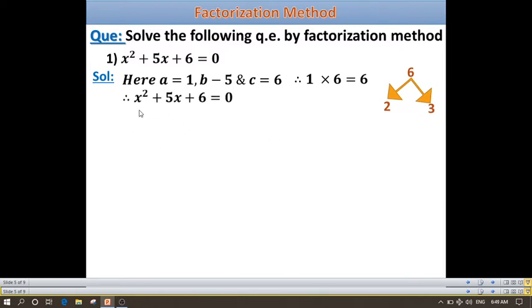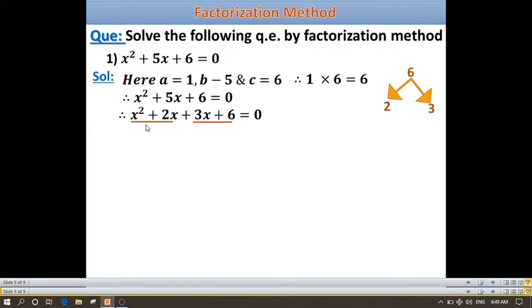So the quadratic equation x square plus 5x plus 6 is equal to 0 can be expressed as x square plus 2x plus 3x plus 6 is equal to 0. 5x is divided in 2x plus 3x. Now taking common factors between first two terms and last two terms.